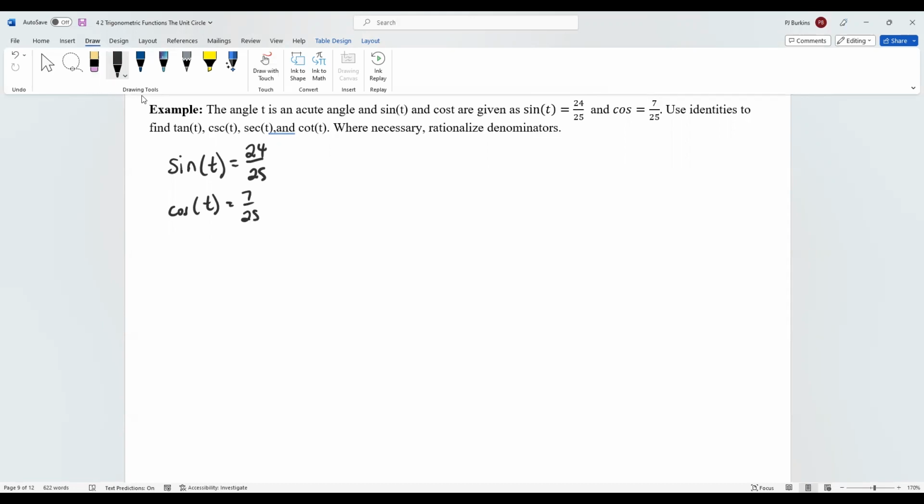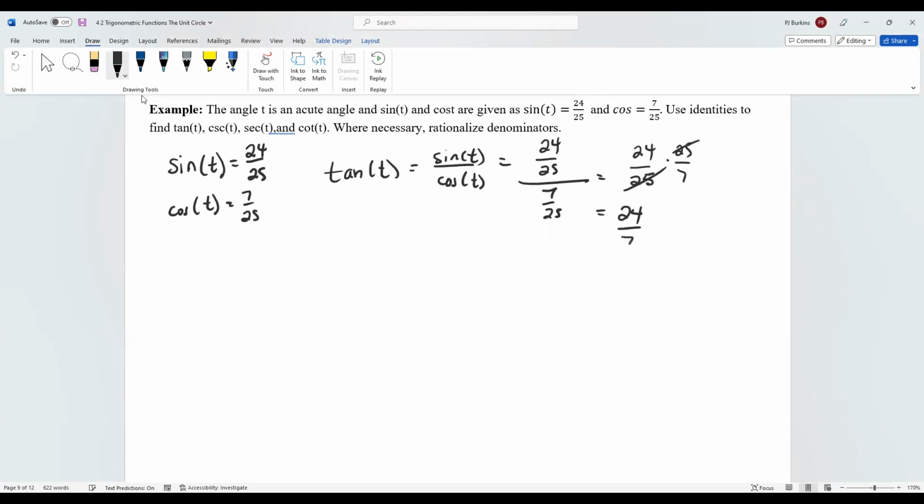So we know that the tangent, right, is sine over cosine. So that's 24/25 all over 7/25. Flip and multiply. These cancel.